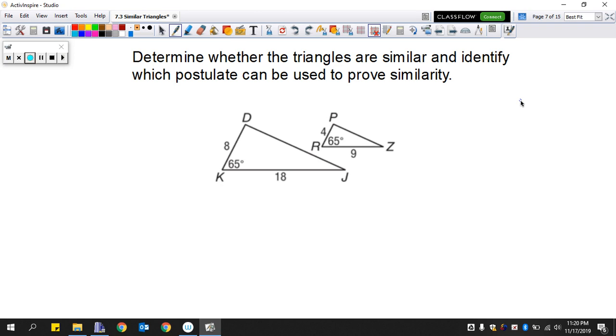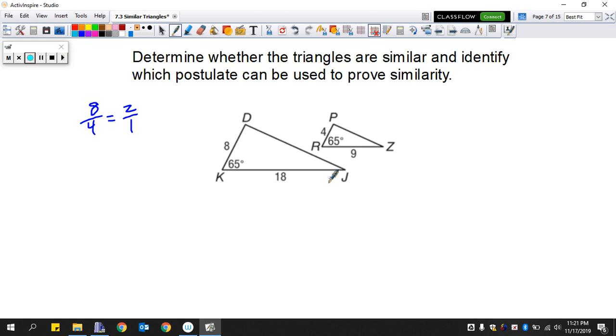All right. So once again, if we look here, we're given a side length, an angle, and a side length. So we're looking at side, angle, side, because you have an angle that's between two sides. So we're just looking at, are the two sides proportional? Well, this one is 8 to 4, which has a ratio of 2 to 1.